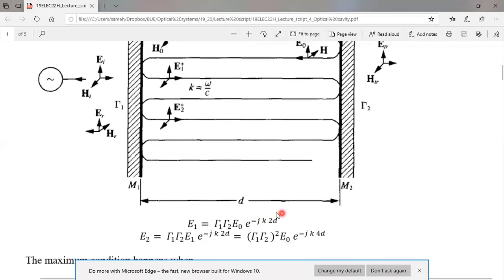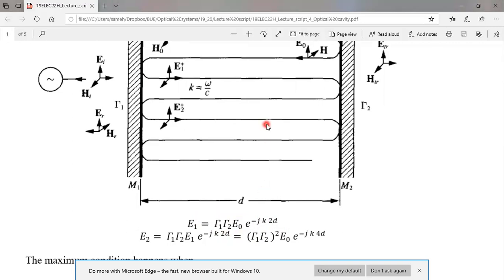So this term can fluctuate simply from 0 to 1. It's a sinusoidal signal. Its maximum value is 1. Its minimum value is 0. If this term tends to 0, that means we will not have electromagnetic propagation inside the cavity, because you will multiply this constant by 0, so the output will be equal to 0.